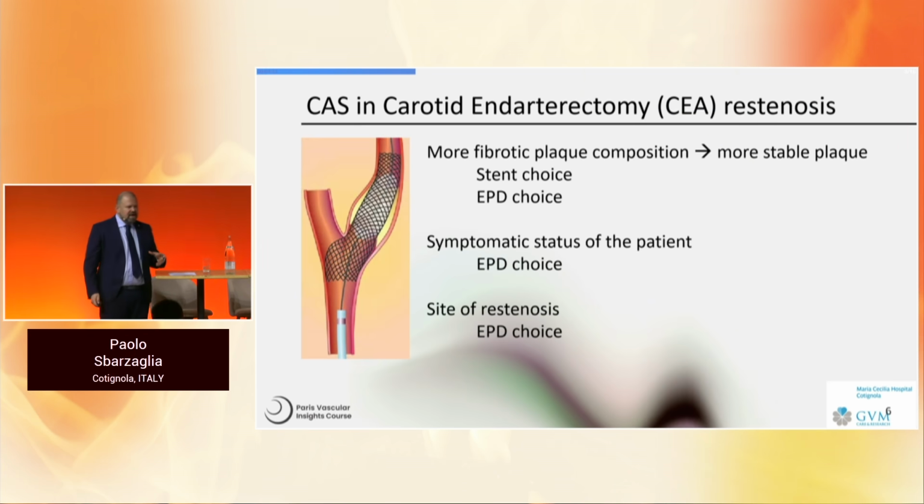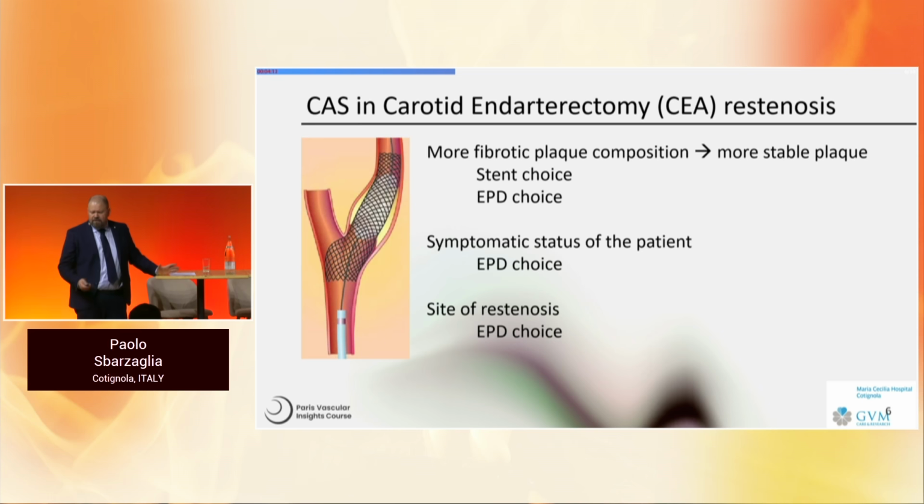If we need to treat these kinds of lesions, we have to consider these three main factors. We have a different kind of plaque from the standard plaques we find in patients who have not been operated.